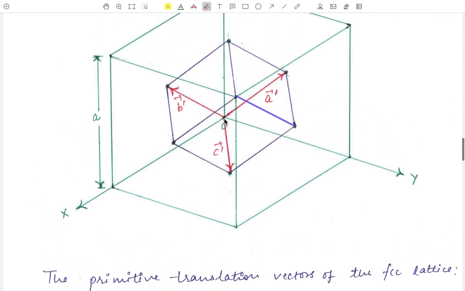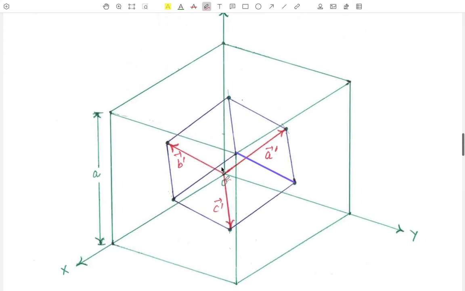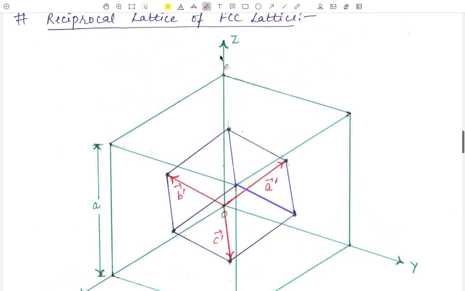So this is our origin, this is x-axis, this is y-axis and this is z-axis. This is our A dash vector. We see that this A dash vector lies in this plane. Now this plane is the YZ plane. Therefore there will be no x coordinate here, that is no I cap here.